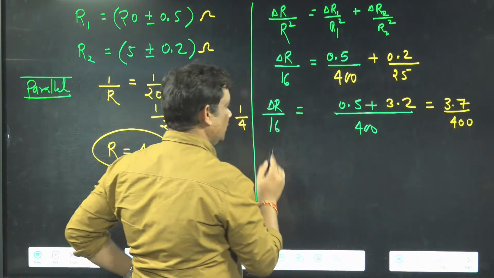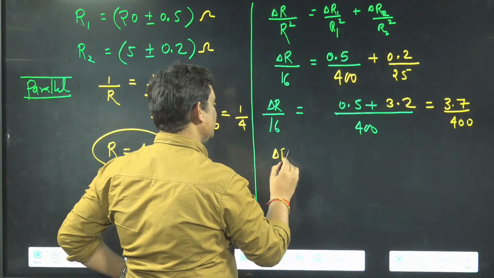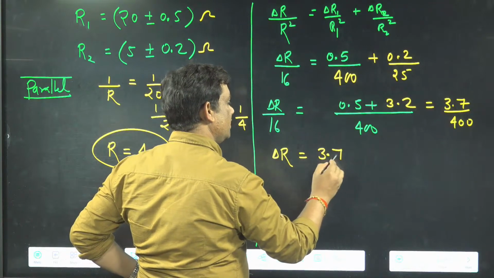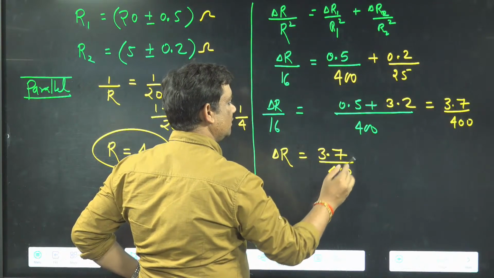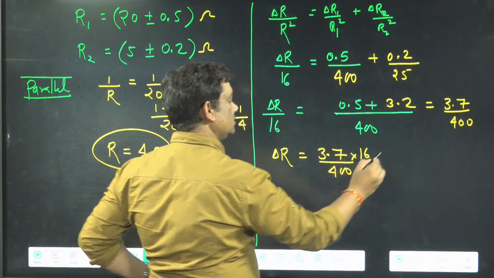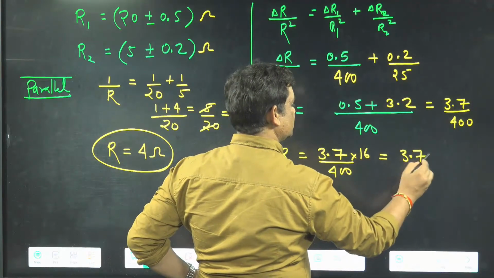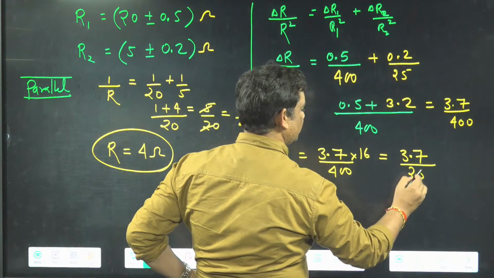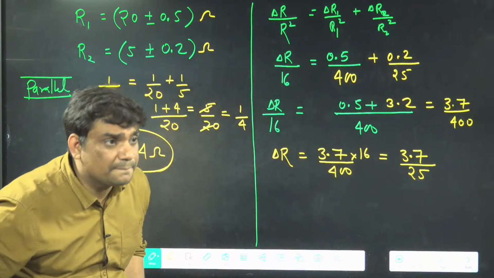So now delta R square will be equal to 3.7 divided by 400 into 16. 16 and 400 give 25, so 3.7 divided by 25. I hope this is clear.